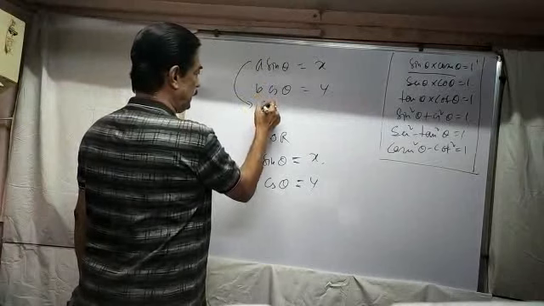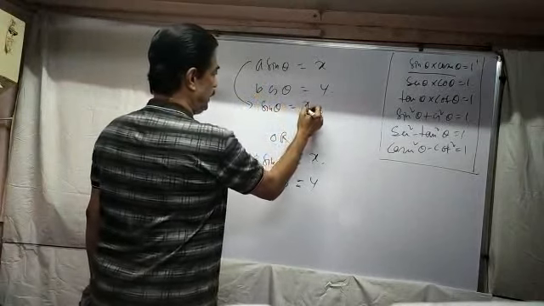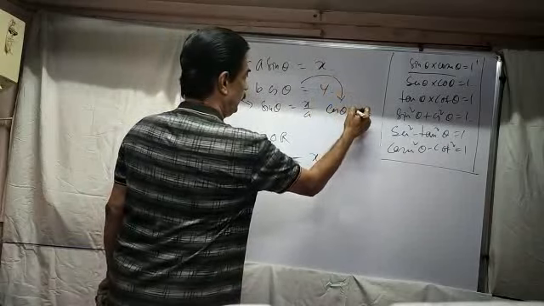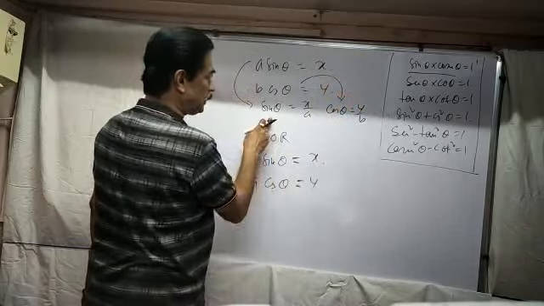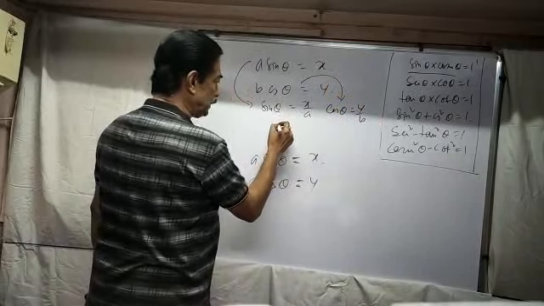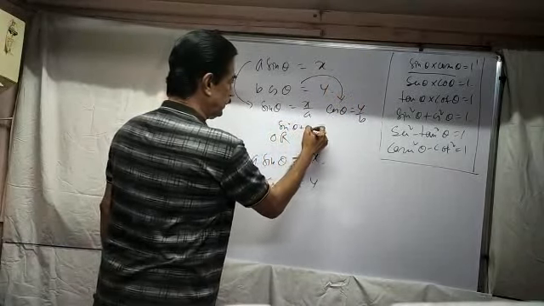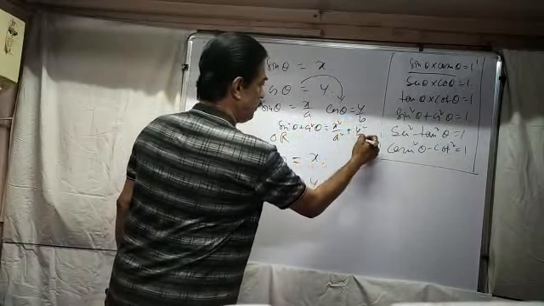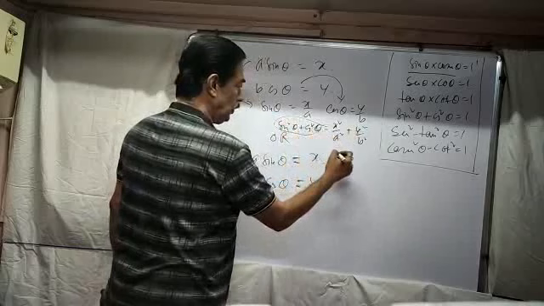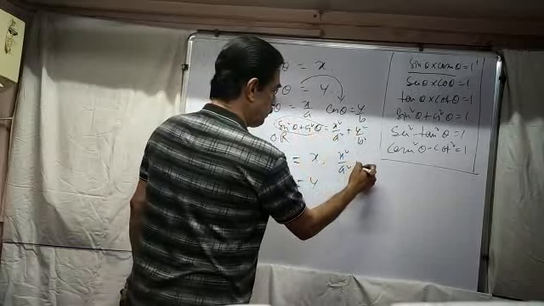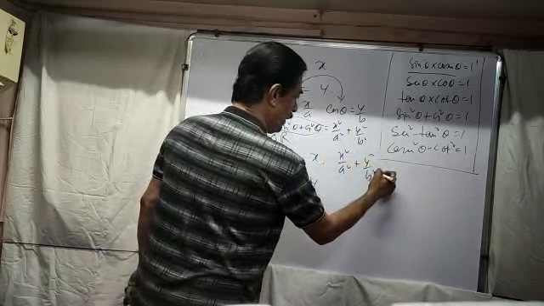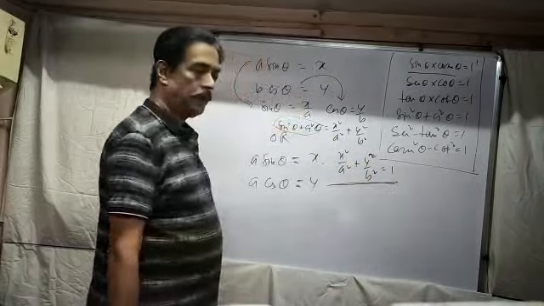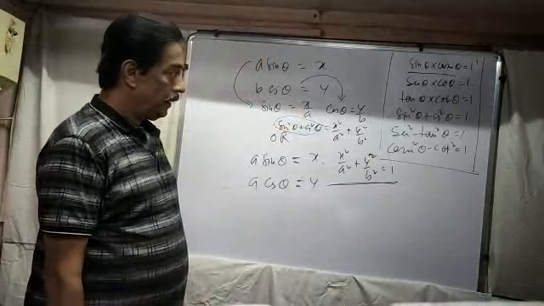So sin theta equal to x by a, similarly cos theta equal to y by b. Sin square theta plus cos square theta equals 1, so x square by a square plus y square by b square equal to 1. This is the standard form of the ellipse where a not equal to b.